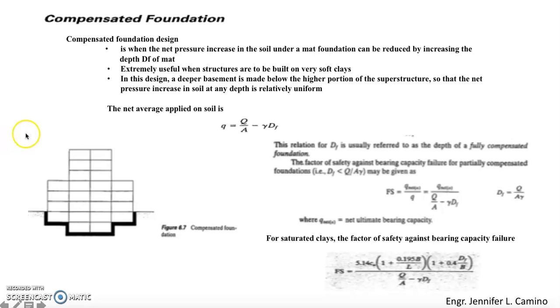So in this design, a deeper basement is made for the higher portion of the superstructure so that the net increase in pressure in the soil at any depth is relatively uniform.